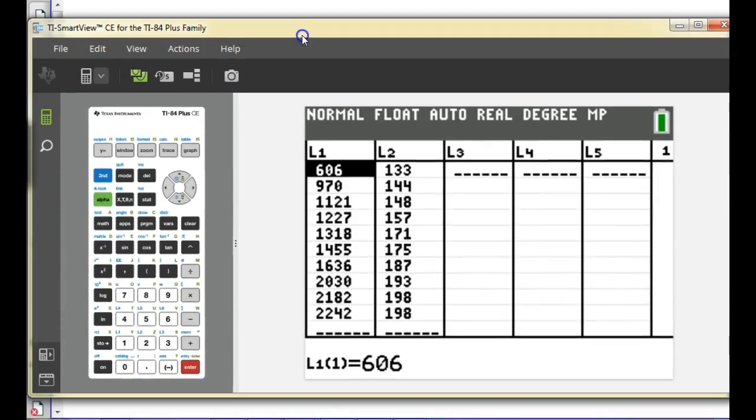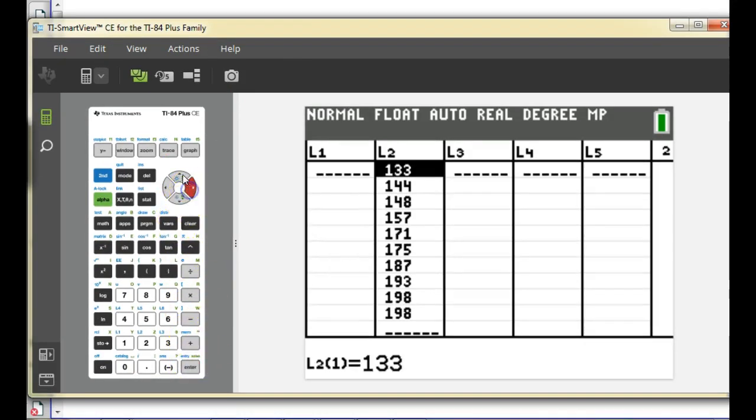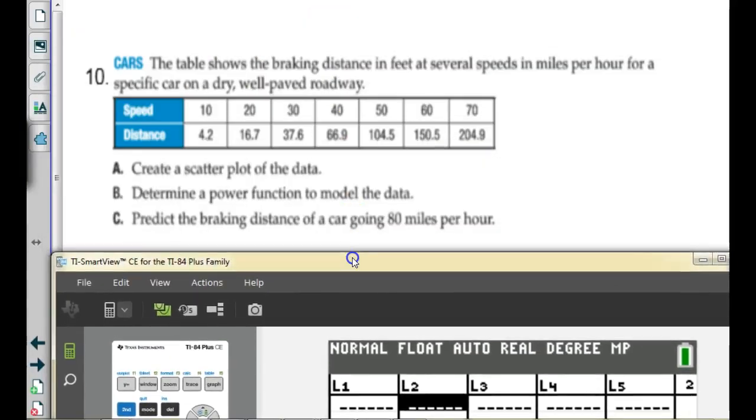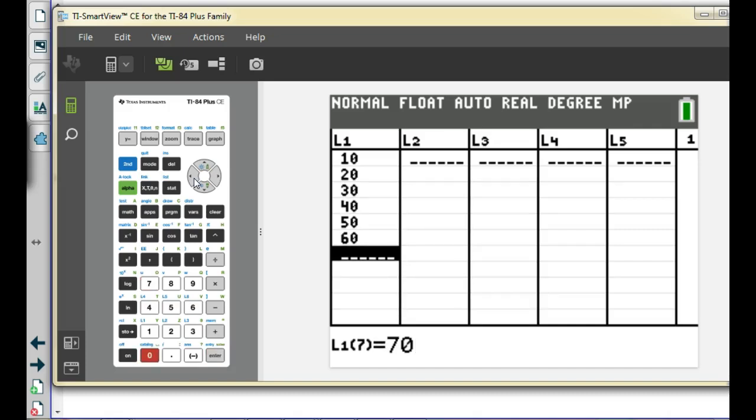I don't have them in yet, do I? Of course not. That'd be too easy. And 20, okay. Where did it go, guys? 70 or 80? Just 70?